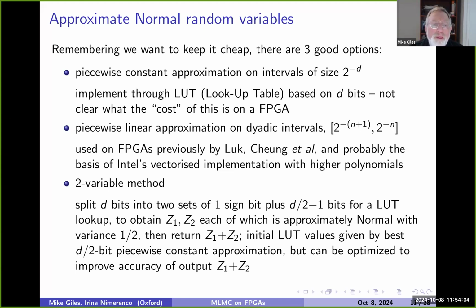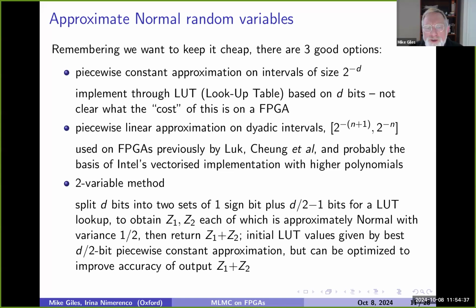This is an interesting approach. It's been used in the past on FPGAs. It's also the basic approach, I think, that Intel uses in their mathematical libraries for running on Xeon processors using AVX 512 vectorization, except that rather than being piecewise linear, it'll be piecewise at least cubic and probably higher order than that.